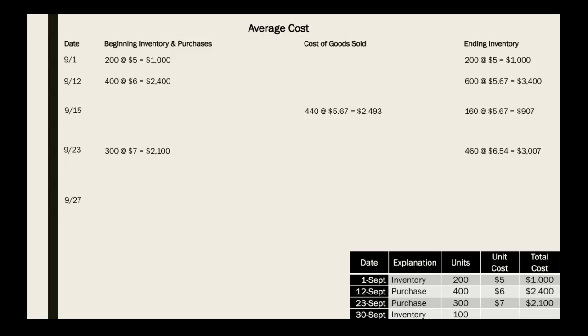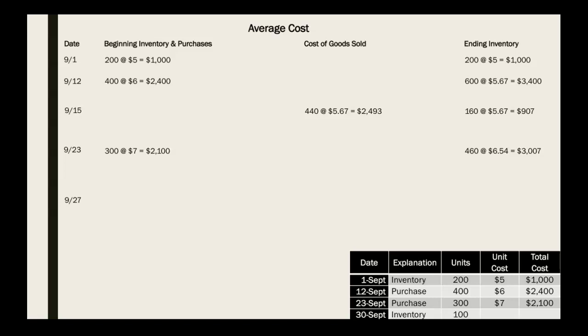We take that total value, that 3,007, divide that by the number of units we have, the 460. So 3,007 divided by 460 equals $6.54.